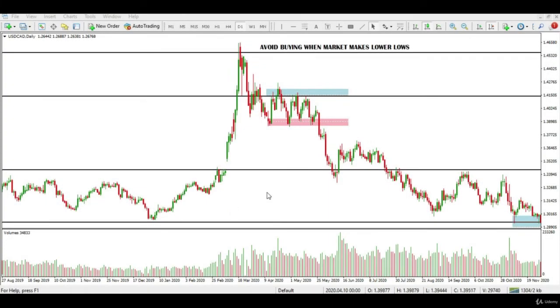Here we're looking at US dollar and Canadian dollar chart. Once again we are studying the same guideline. Here we are able to plot our support and resistance zones once the first leg of sideways price movement ended. Once again, notice the lower highs in this price range signaling the selling strength.